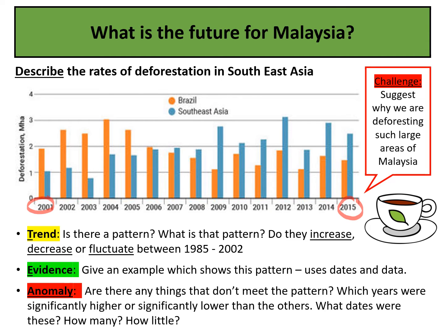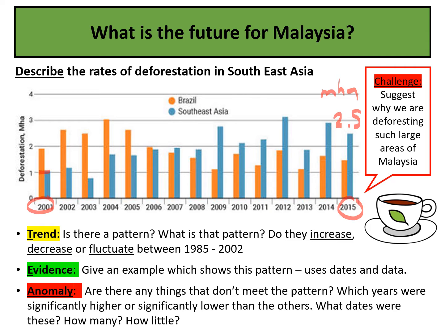Now in 2001, there were 1 million hectares of trees being cut down every year. Whereas in 2015, that is now 2.5 million hectares. So it's increased by 150%. So that's quite a significant increase.